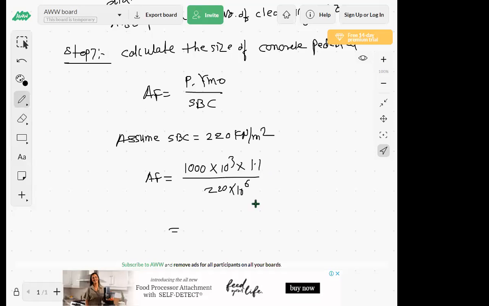So how much is this value? Is this correct? Or do the calculation. I think something went wrong.